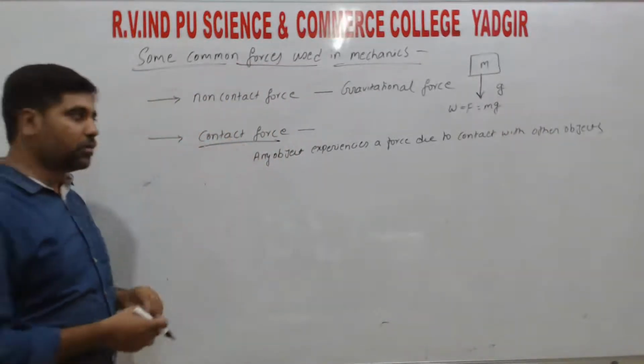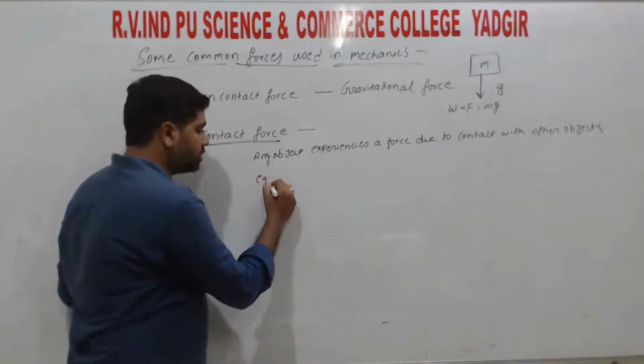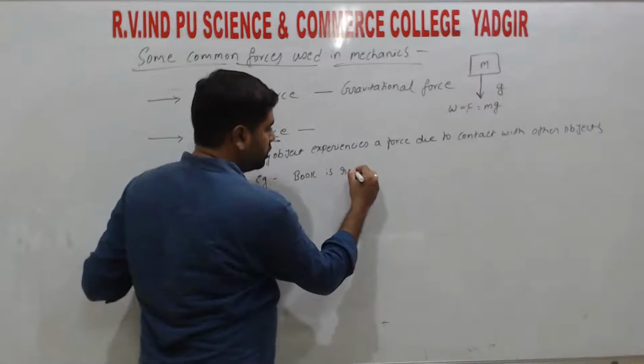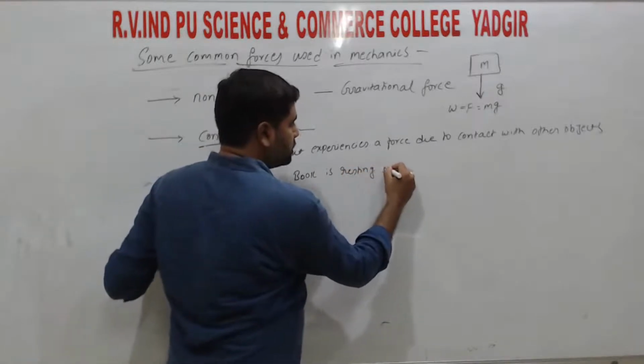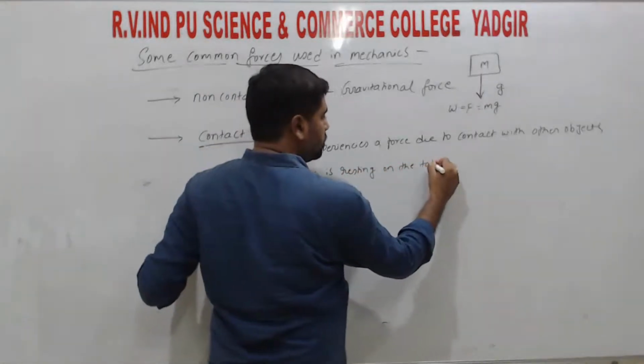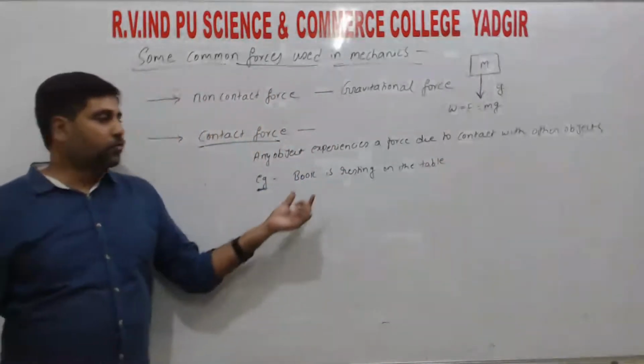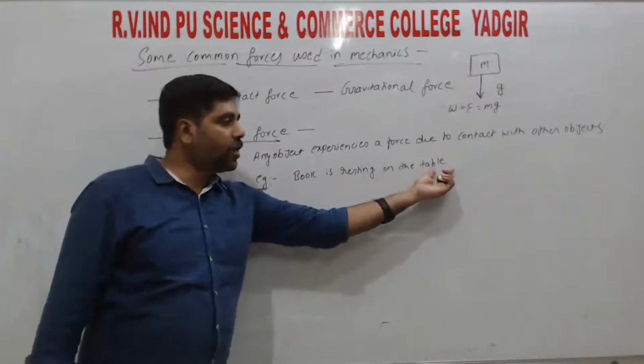Contact force, right? So the example is a book resting on the table. So if a book is on a table, the book is one object and the table is another object.